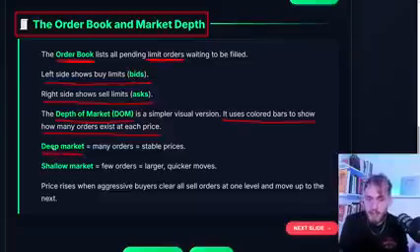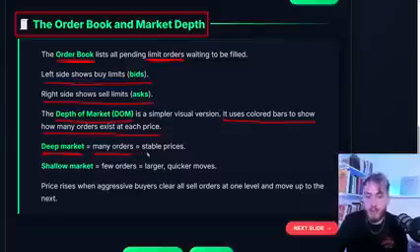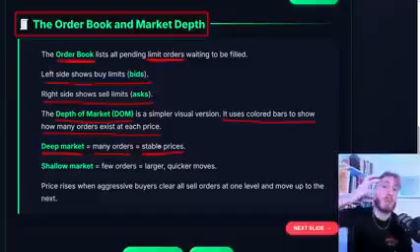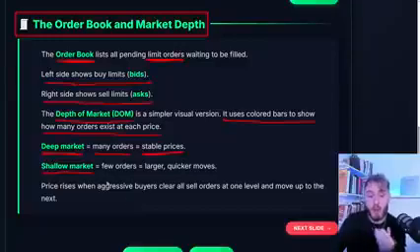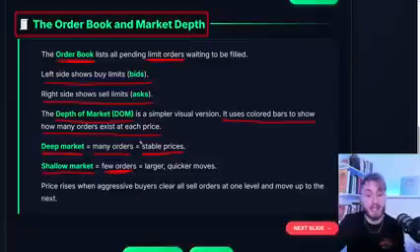A deep market is, in simple terms, when we have lots of orders in the order book, and this can make the market more stable, because in order to move the price, we need to eat all of the limit orders. And the opposite of a deep market is a shallow market. This is when we have fewer orders, and because we have fewer orders, a large player can move the market very easily. So this means larger and quicker moves.